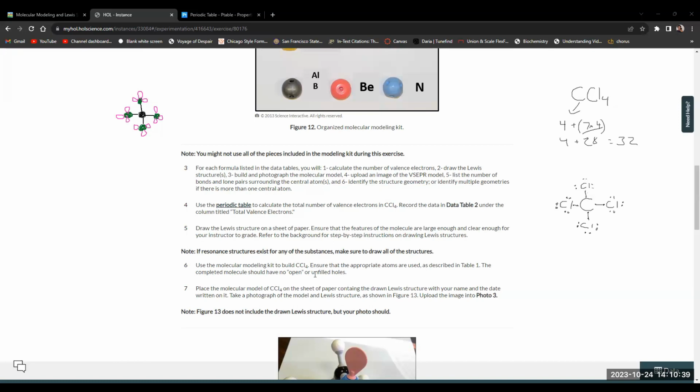This is just to make sure there are no empty holes in the balls. So if there's an empty one, it means you probably used the wrong one, given that your math is right.